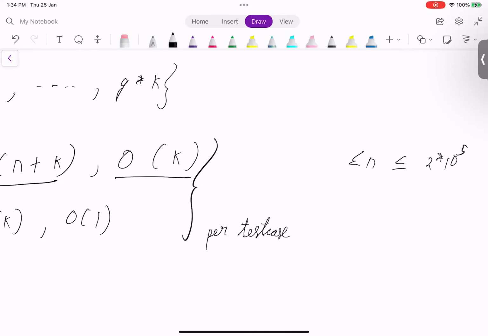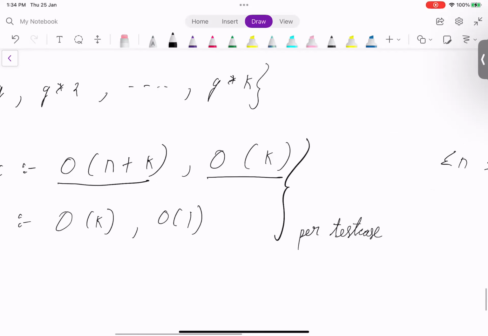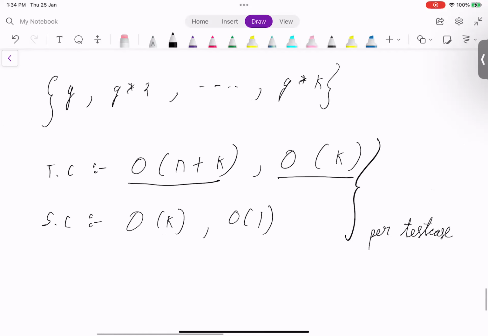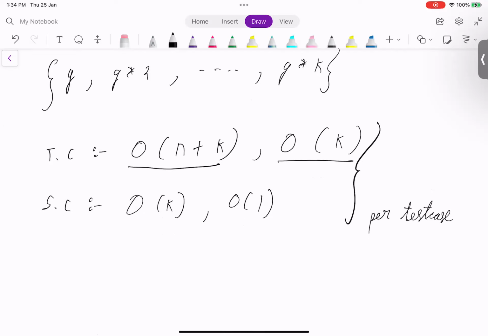So we can assume one test case is given, or two test cases are given with N 10 power 5 each. And K is always less than N. So this time and space complexity is sufficient for the given time limit and memory limit of the problem. So this way we can solve the problem.